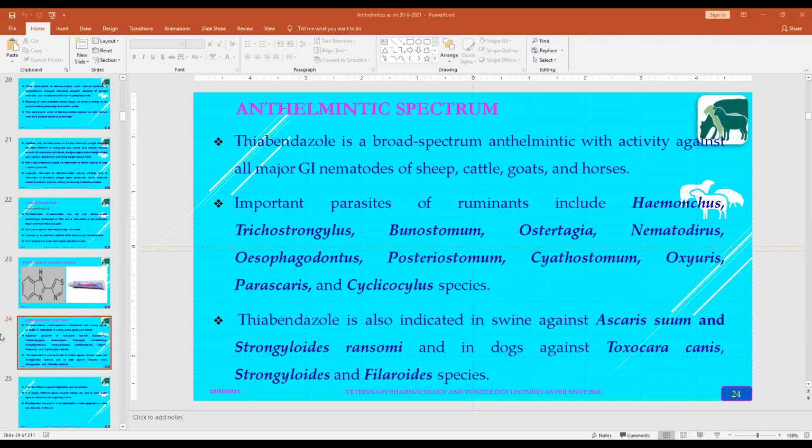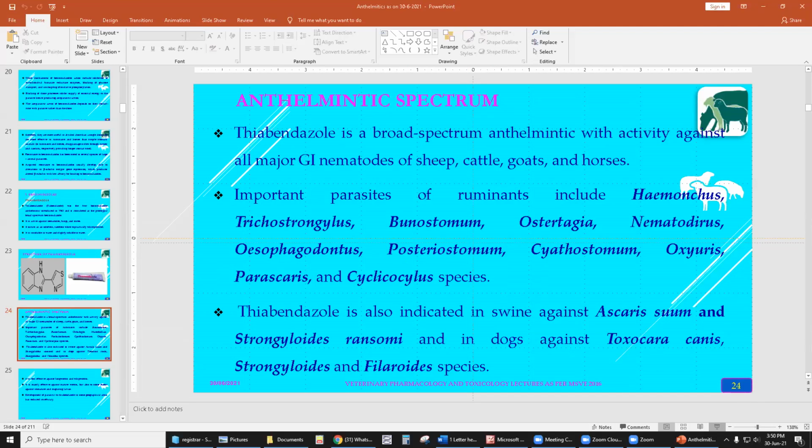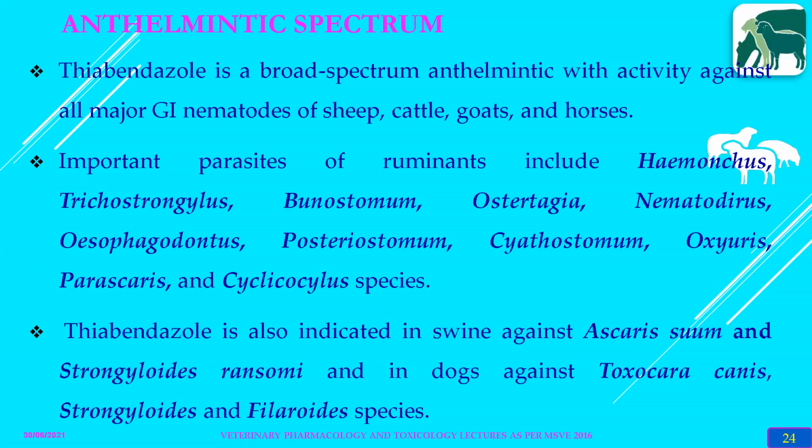Coming to this, the anthelmintic spectrum is broad in nature. Its activity is against the majority of the GI nematodes of sheep, cattle, goat, and horses. This is also one of the important points.